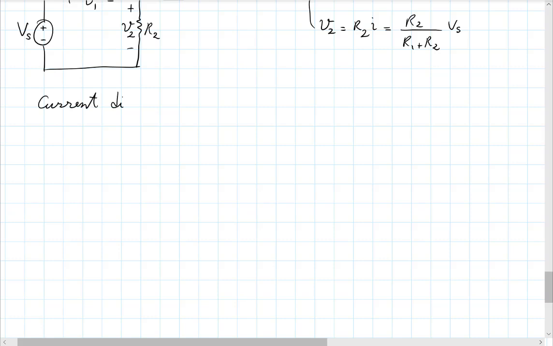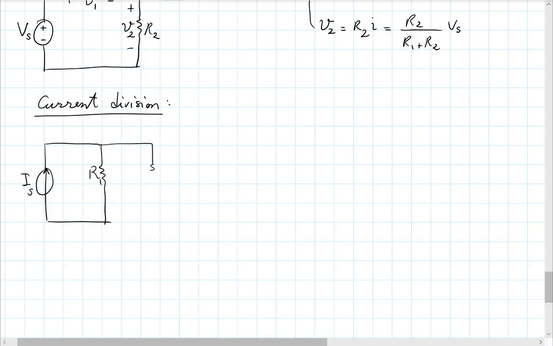Similarly, there is current division. Let's say you have a current source whose current is going to be shared between two resistors, R1 and R2.